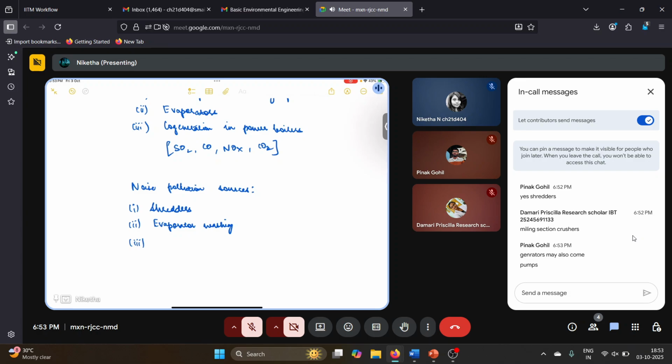Then, if there is a leak in the pipeline, then that will generate a lot of noise. So, steam leaks, and also from steam vents.